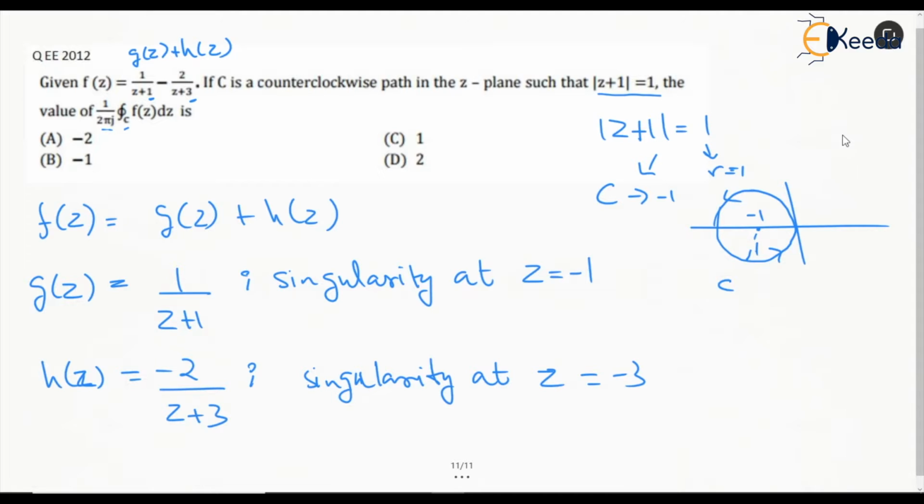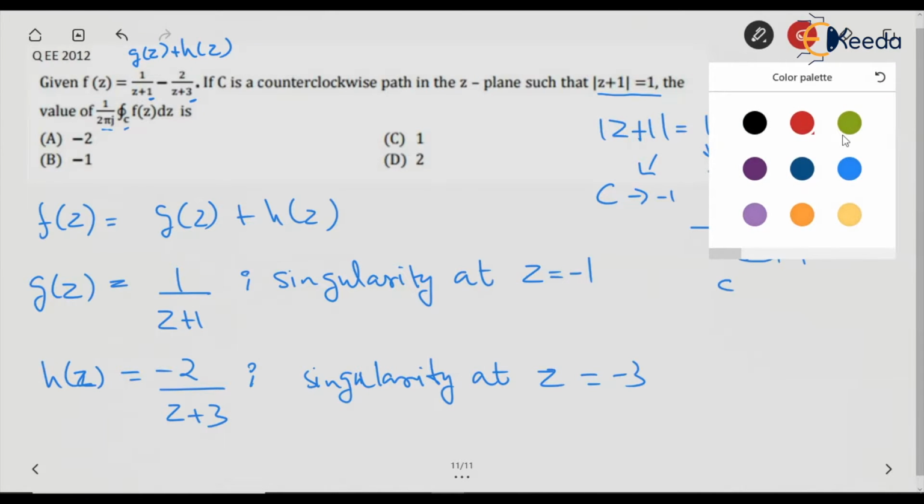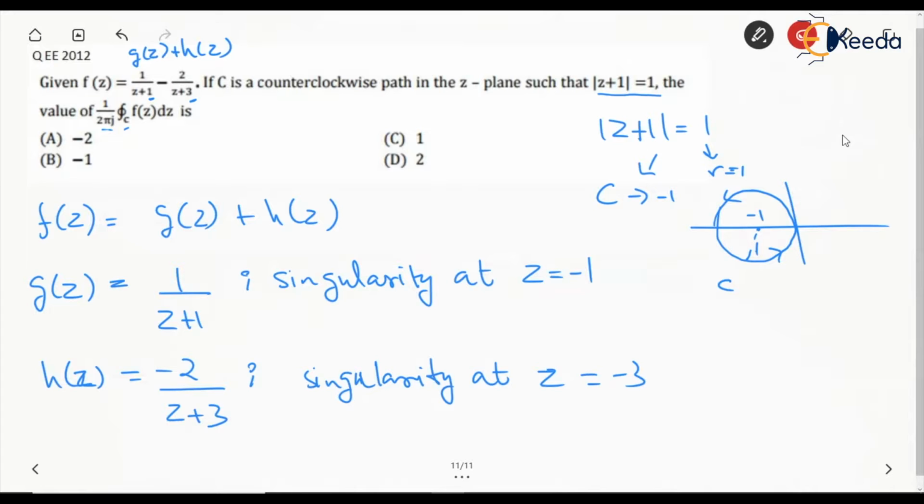Taking care of our singular points, we can see that z equal to minus 1 will lie here, but z equal to minus 3 will lie somewhere here. So if you consider our closed path C, this singularity is out of the region, and this is within the domain, right?